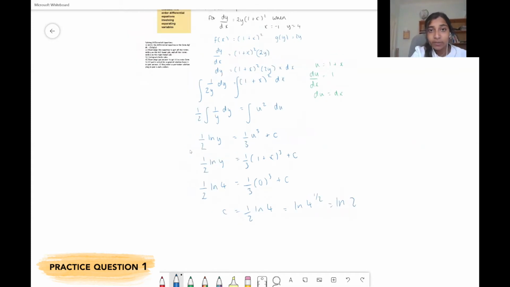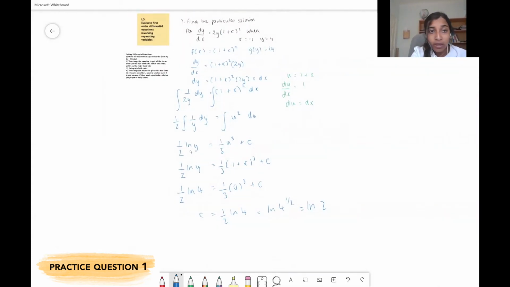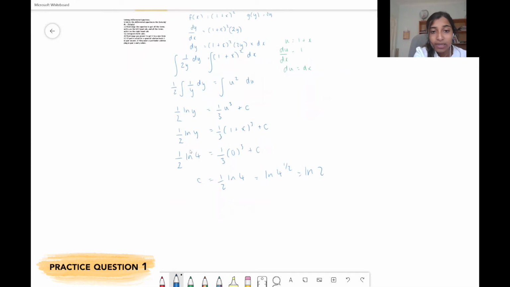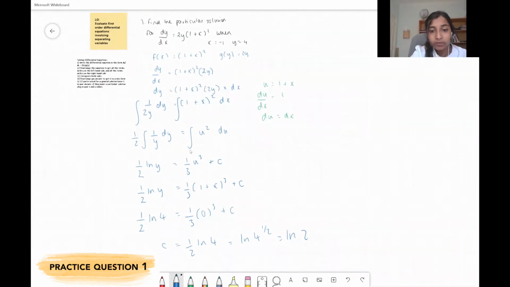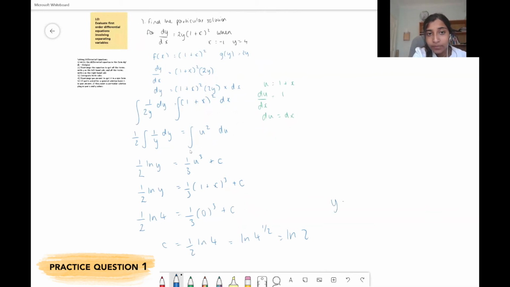So now we can rewrite our whole particular equation. So we'd have a half ln y is just equal to a third, 1 plus x cubed, plus ln 2.